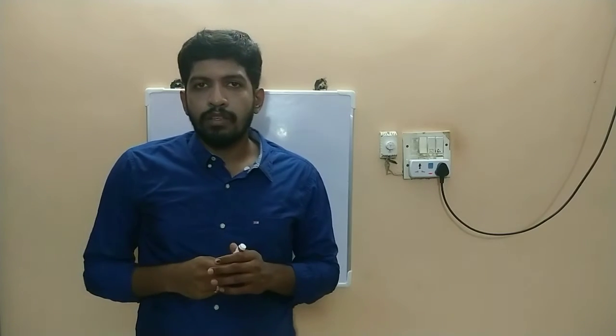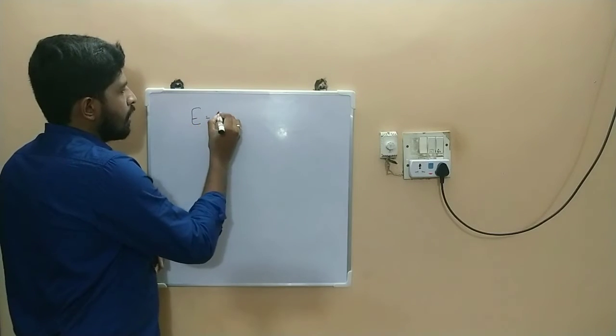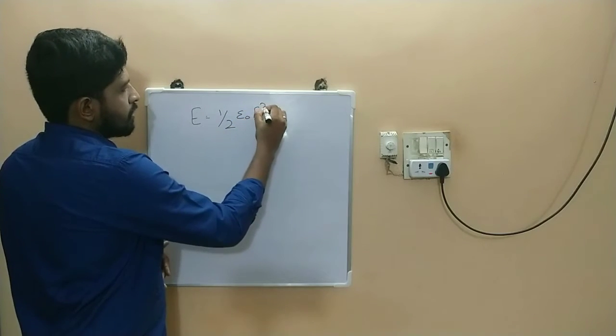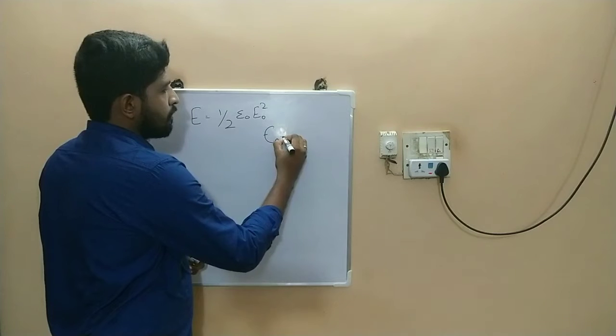The first and primary reason is that, according to electromagnetic wave theory, the energy density of an electromagnetic wave is equal to half into epsilon 0 into E0 square, where E0 is the amplitude.